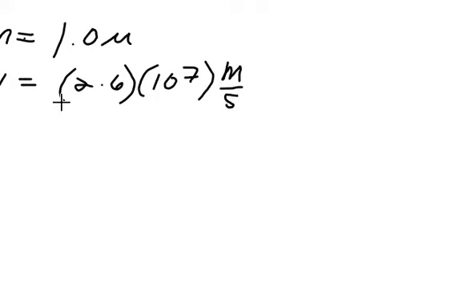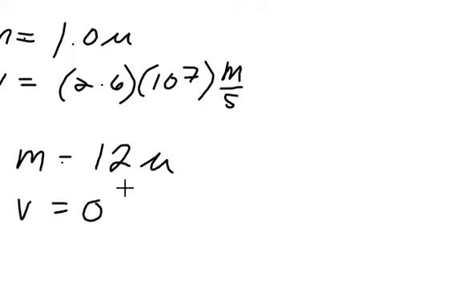It undergoes a head-on collision with the carbon nucleus. So carbon's mass is 12 U, and it is initially at rest, so V equals 0. Neglecting external forces during the collision, find the velocities after collision.